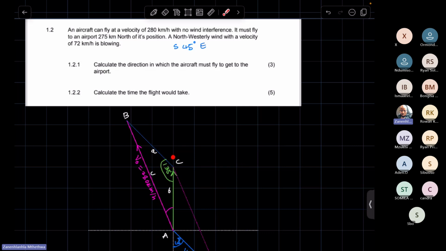So to counter the effects of wind, we simply fly somewhat off course, knowing that the wind is going to blow us back on course and we end up directly north after flying 275 kilometers.